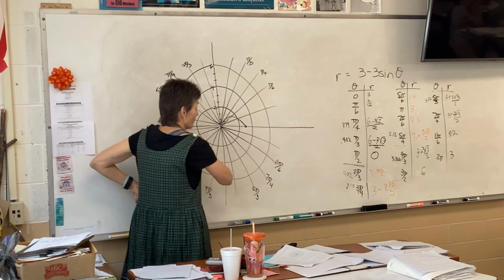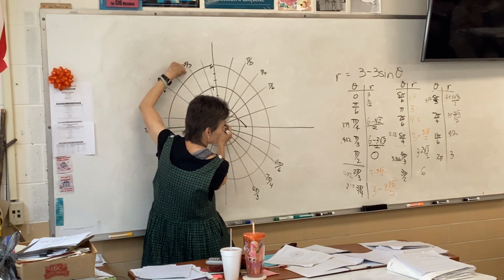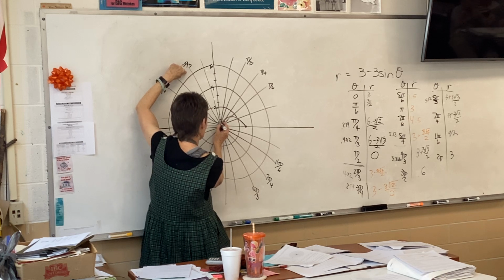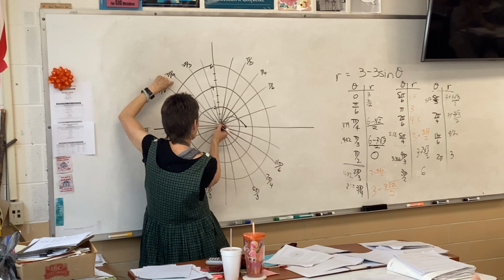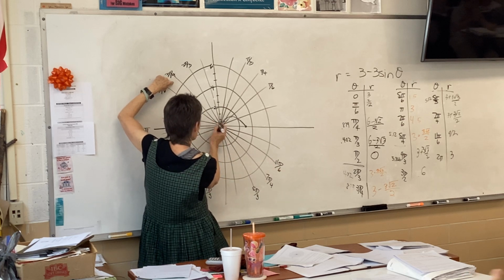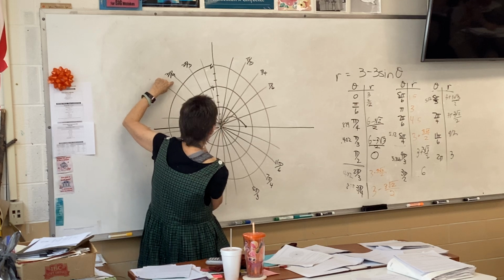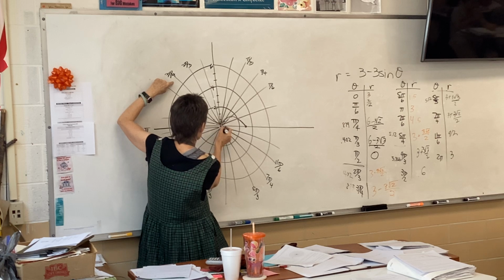Okay, so here we go. On 2 pi over 3, I've got that 0.402 number. Yours is going to be so much better than mine, but it's right in there. And then I'm coming out to the 0.87 number. And then I'm back to 1.5. Like, plug it into the equation.